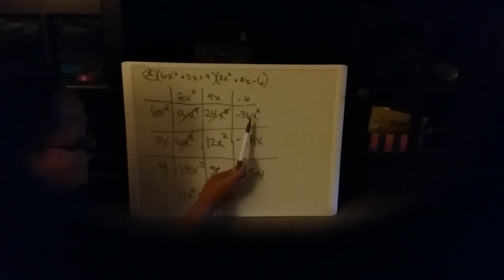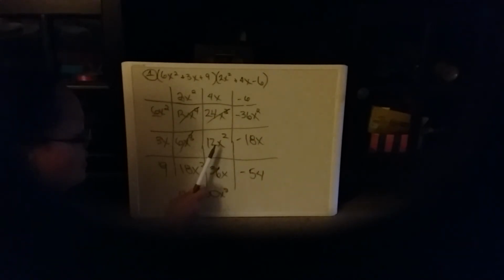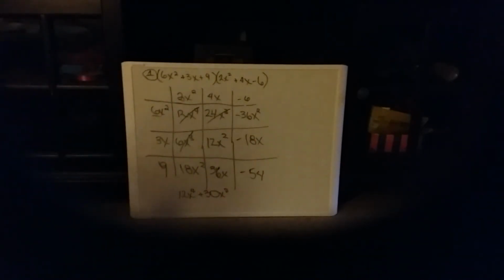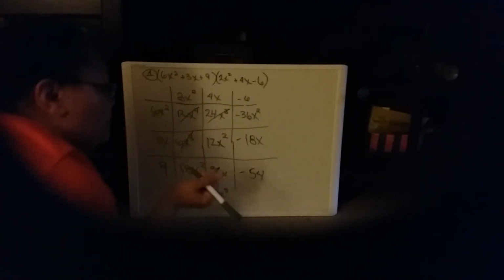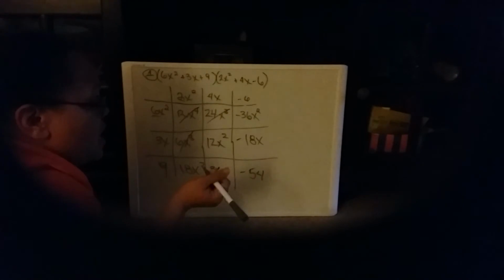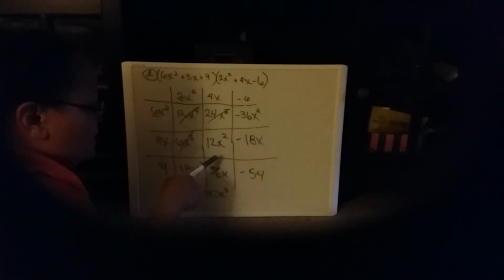So we got negative 36 plus 12 plus 18. Did I have that before? Oh, I never added it on my paper, so there it is. What is 18 plus 12? 30? That's 20, 30.